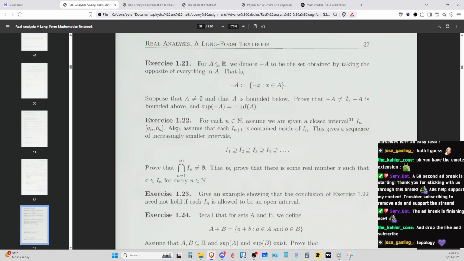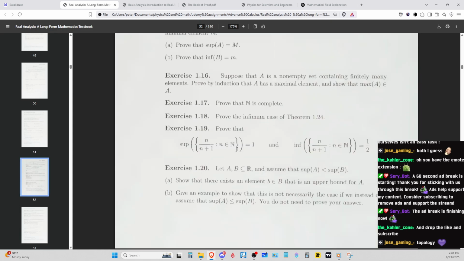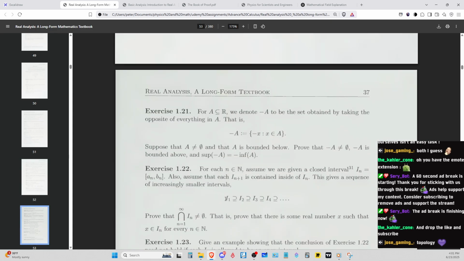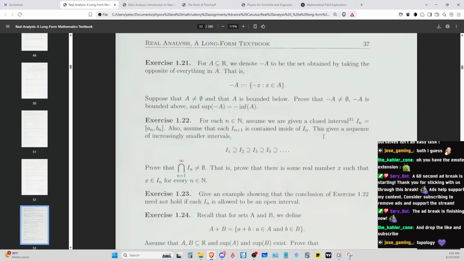Also assume that I_{n+1} is contained inside I_n. This is a sequence of increasingly smaller intervals. So I_1 contains I_2 contains, so it's constantly containing each other.